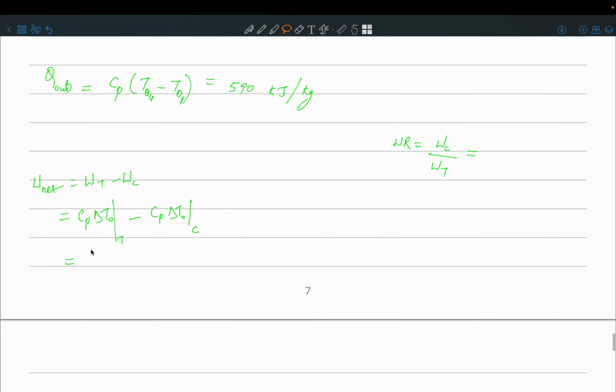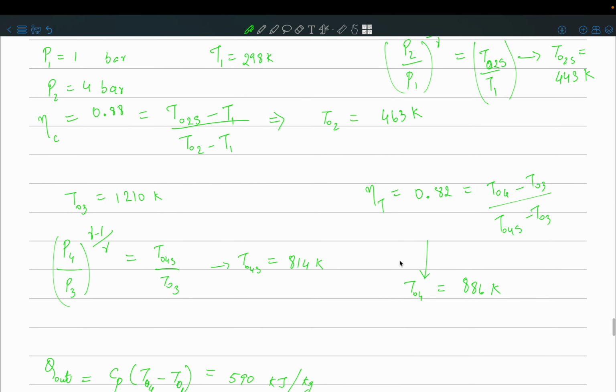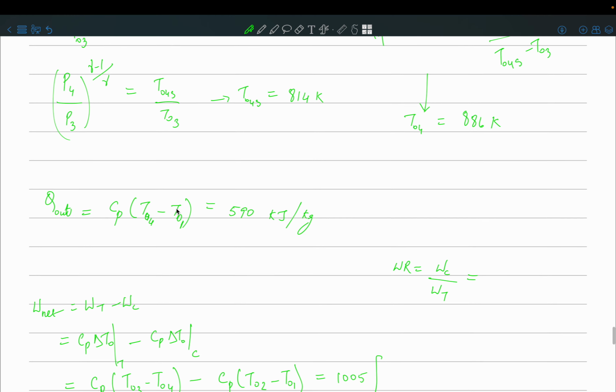Okay, so here I'll expand the formula, which will be Cp into (T03 minus T04) minus Cp into (T02 minus T01). Cp is anyways 1005. What is T03? T03 is 1210 Kelvin. That was given.